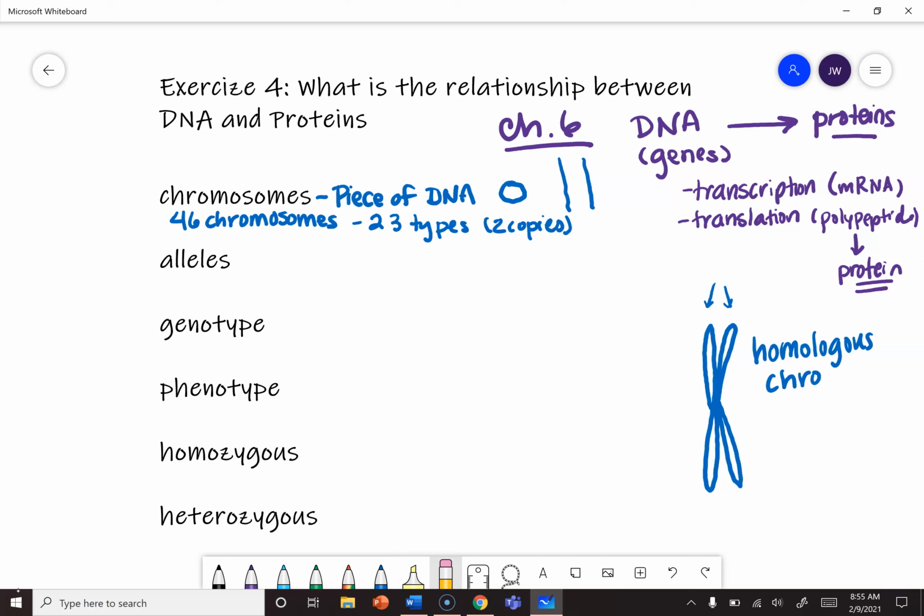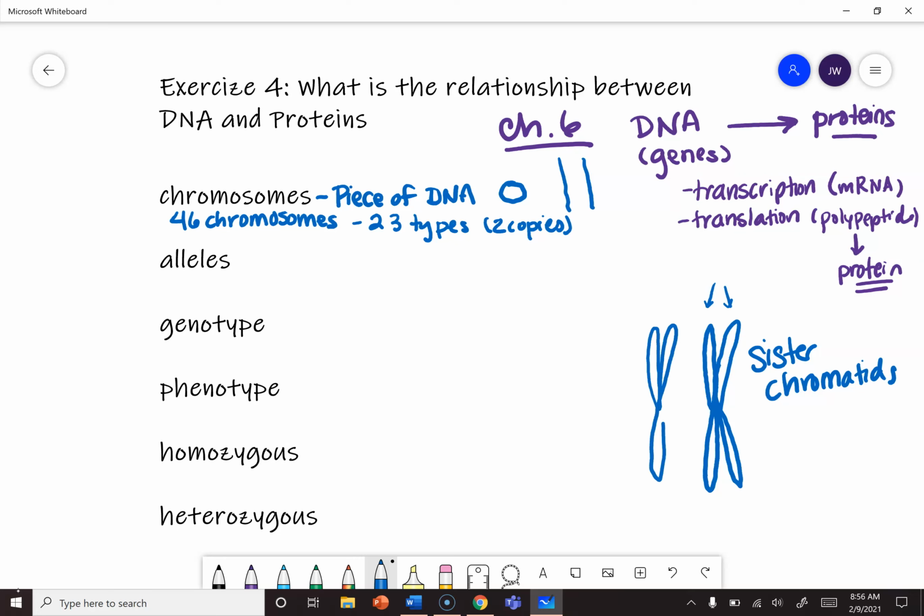Sorry, that is not true. They are called sister chromatids. These are 2 identical copies, kind of like photocopies that are stapled together. And then you will have a second copy. One of those copies comes from dad, one comes from mom.